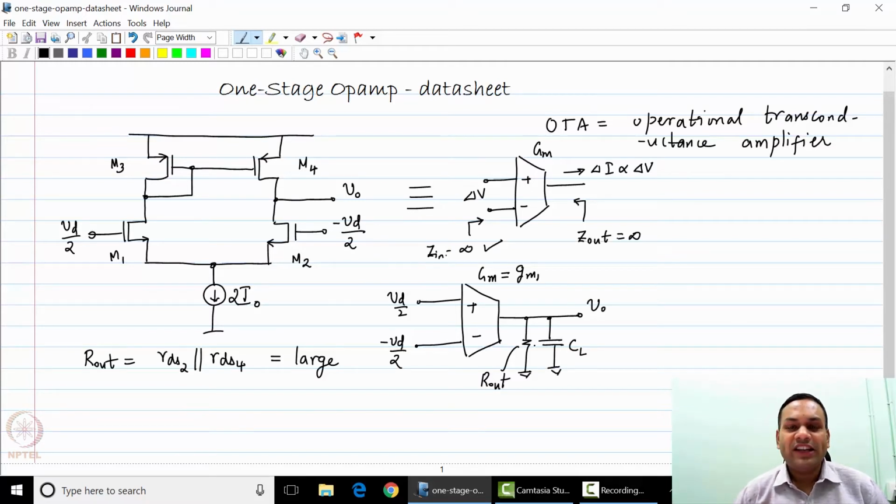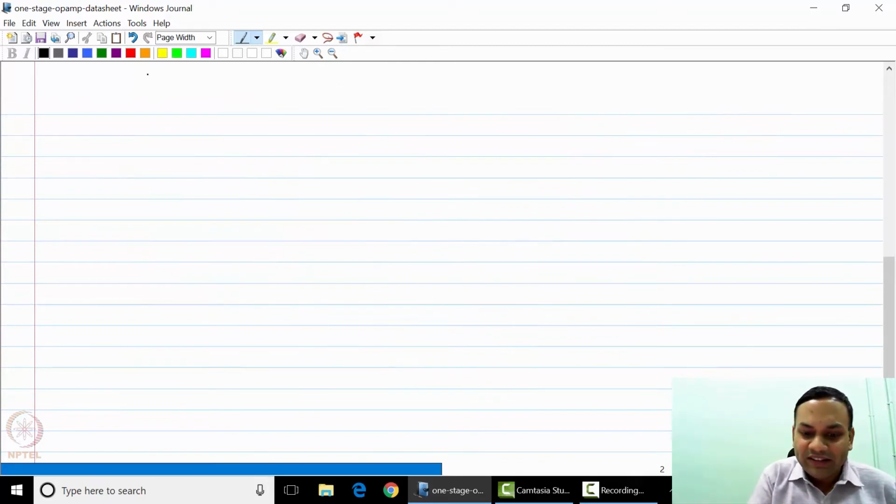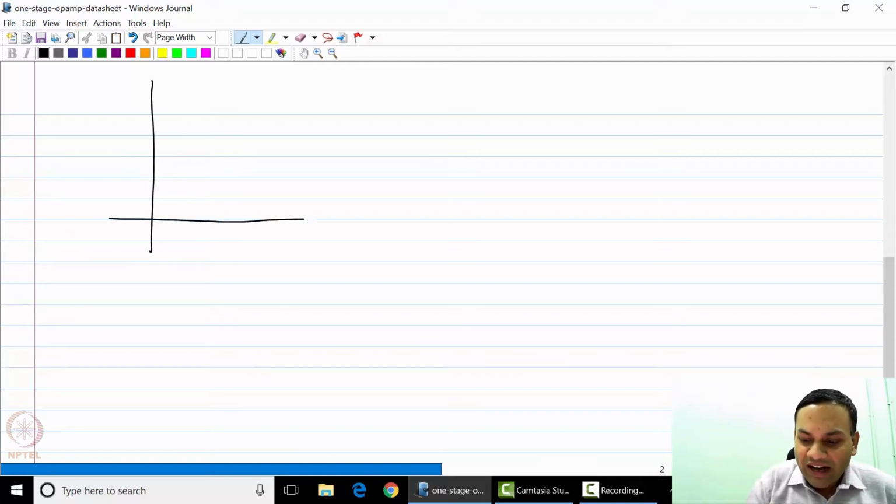Now, if you were to draw the gain of this op-amp as a function of frequency when driving this capacitive load, it would look like this. I am going to draw only the magnitude plot. I encourage you to draw the phase plot as a homework exercise.